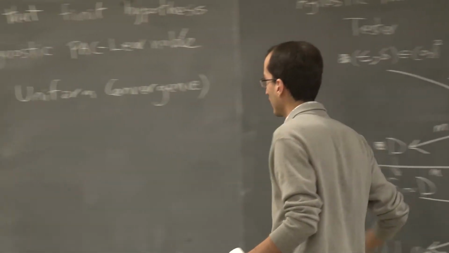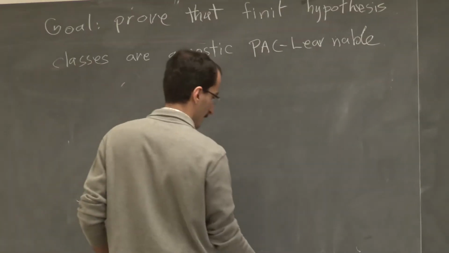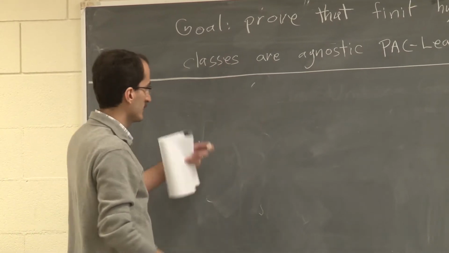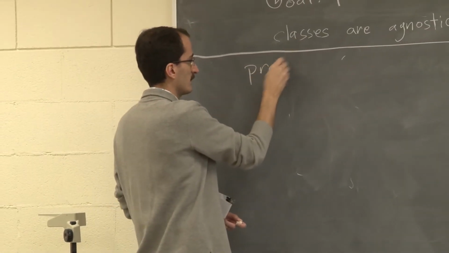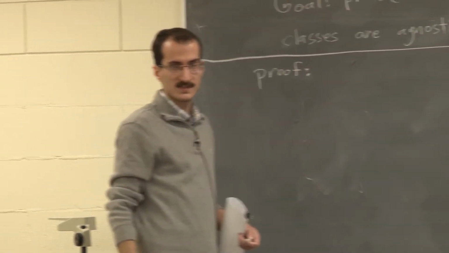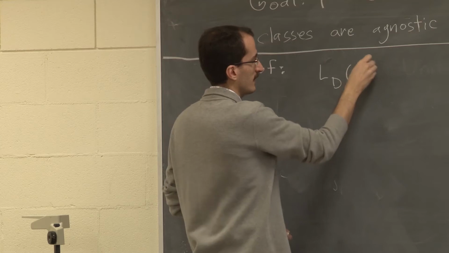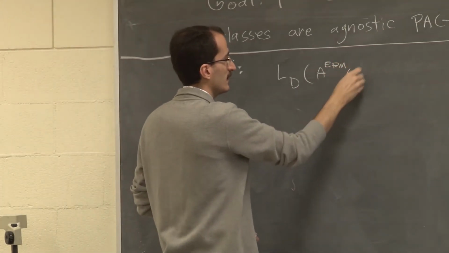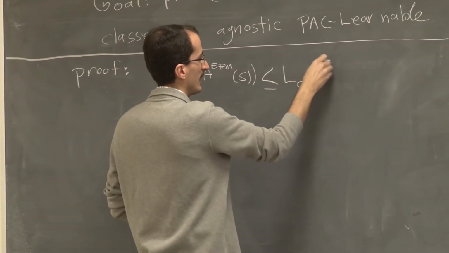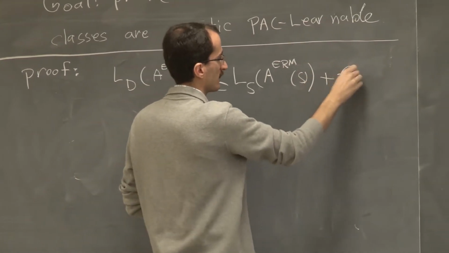And so let's not remove this one, but here we will have the proof. Because it's epsilon representative, L_D and L_S are similar. So L_D of anything, including the output of ERM, will be smaller than L_S of that plus epsilon.